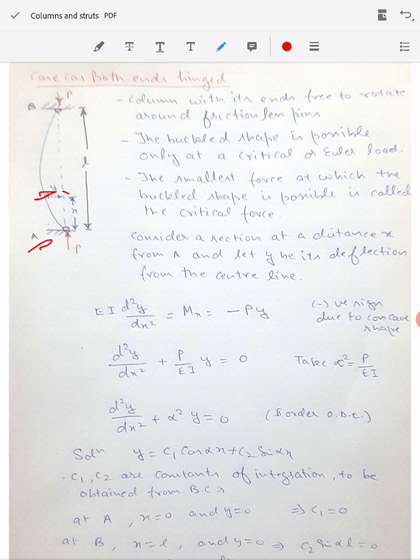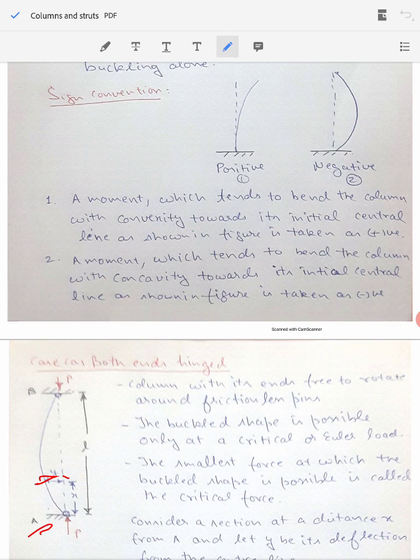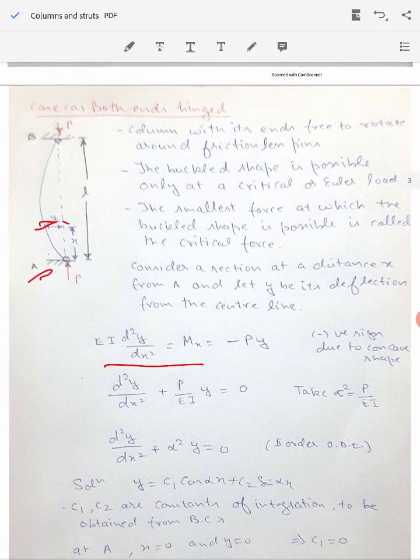So EI d square y by dx square equals M, the bending moment. And because this particular shape I have considered as negative, as I just told you, we are going to say that this bending moment is negative. So that's why this M is negative here.